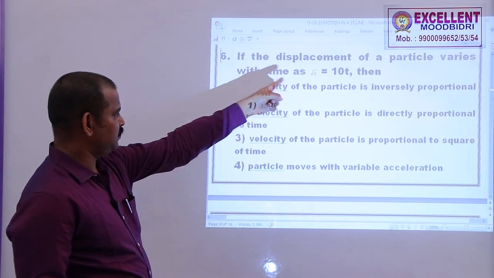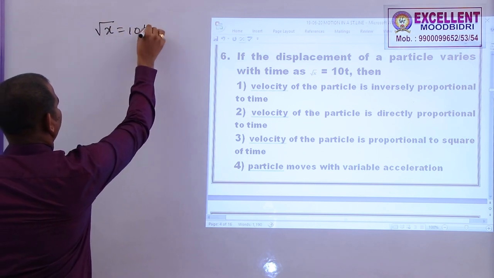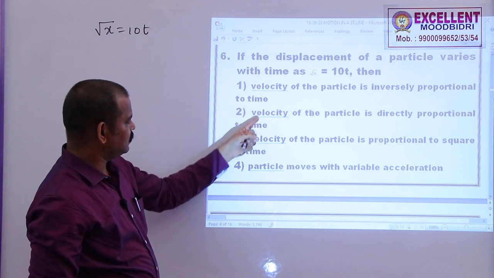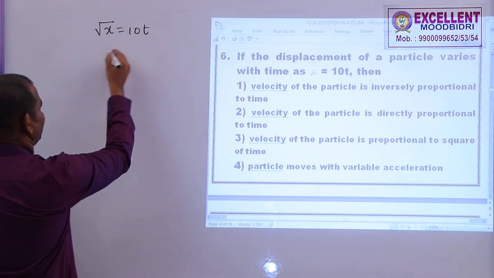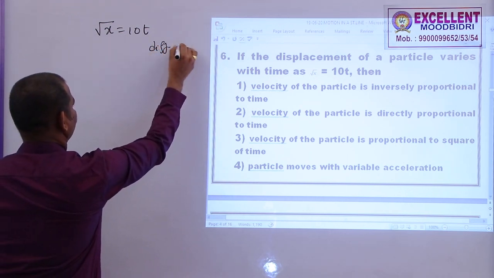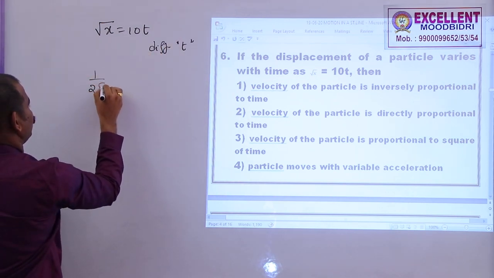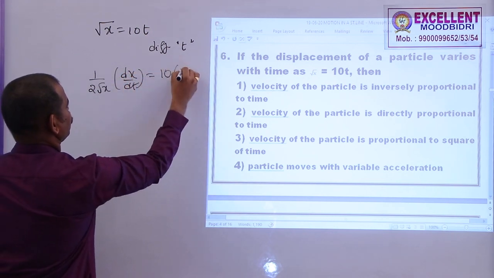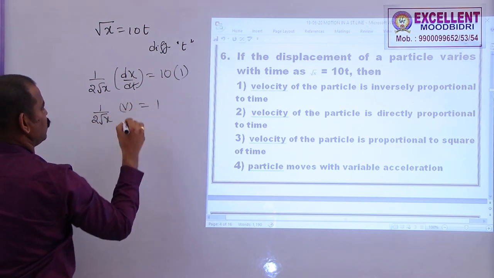Problem number 6. Here the displacement of a particle varies as root x is equal to 10t. In all the options, a velocity and time relation is asked. So let me find the velocity here. Root x is equal to 10t. Differentiating with respect to time, root x gives 1 by 2 root x times dx by dt, equal to 10. So 1 by 2 root x into velocity is equal to 10.